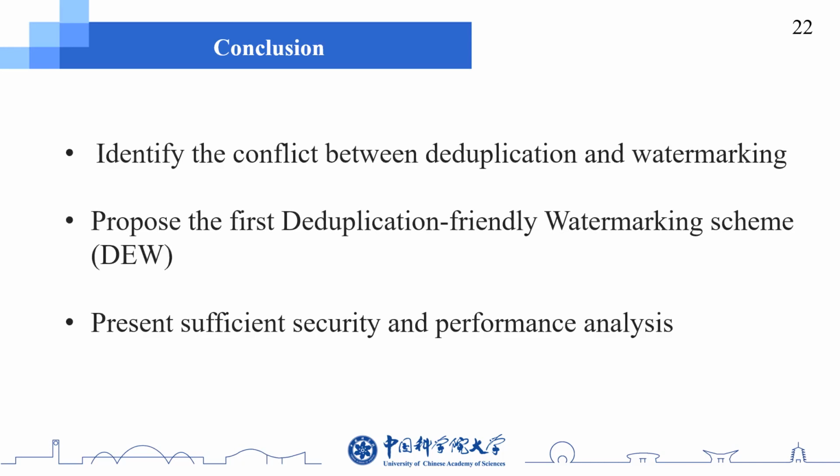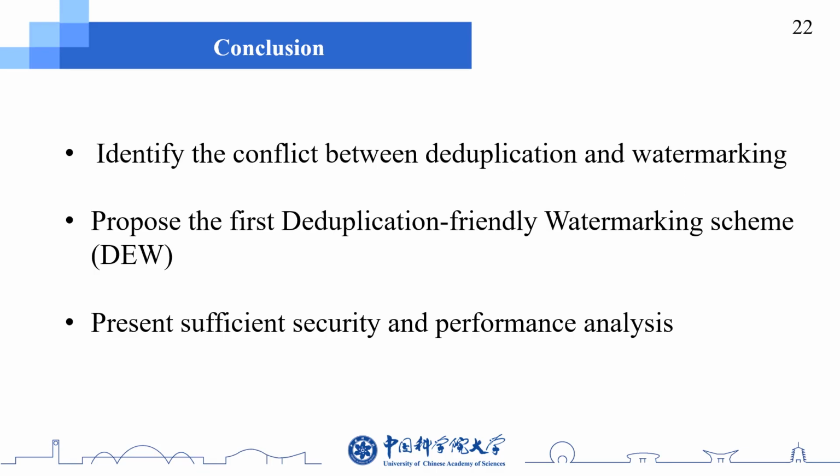In conclusion, in this work, we are the first to identify a fundamental conflict in deduplication-based cloud storage systems: the cloud service providers want to remove duplicate data to save storage space, while the data owners want to protect their ownership of their outsourced multimedia data by embedding watermarks, which may hinder deduplication.